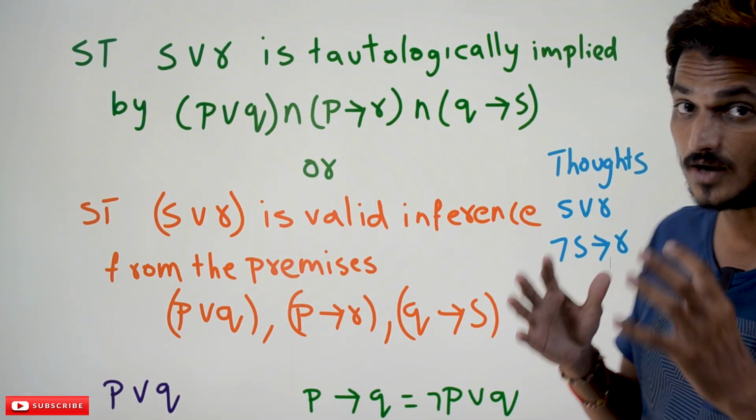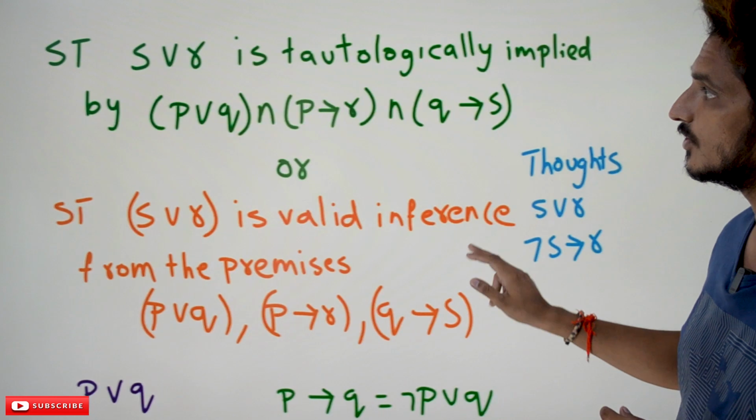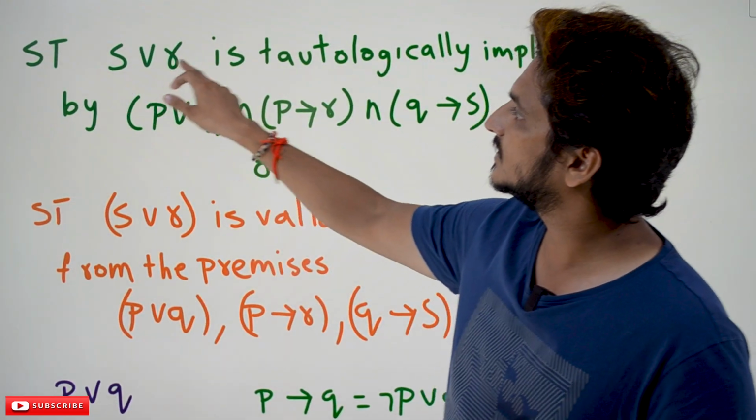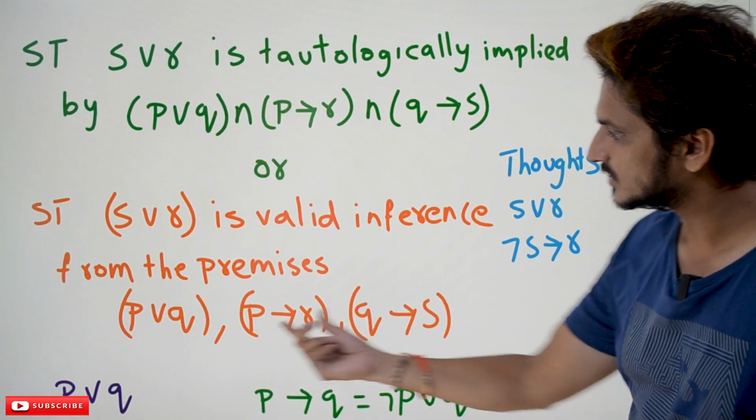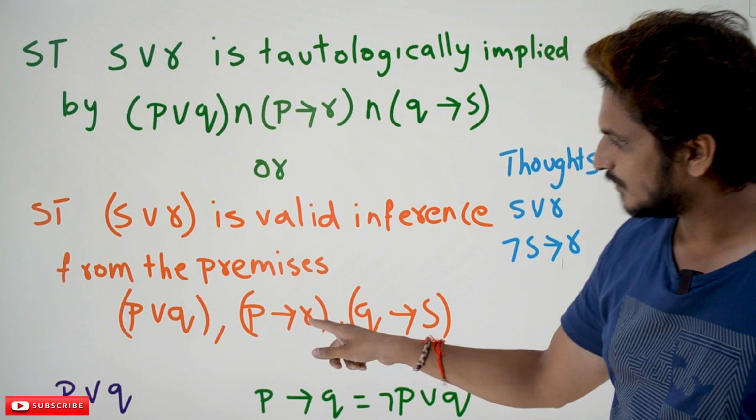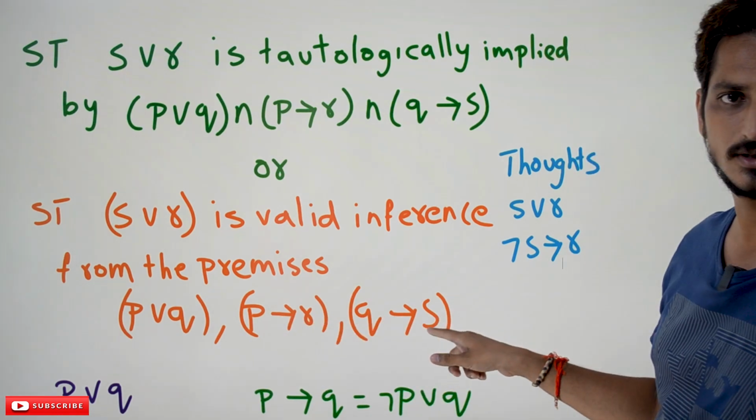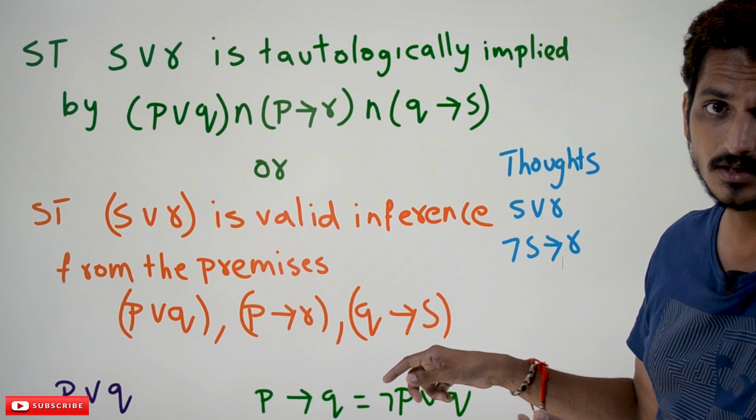So now, one more important point you need to get in your mind. S disjunction R, but our propositions are in the form of P implies R, Q implies S. It is in the form of implication.